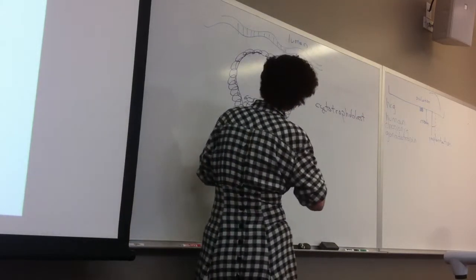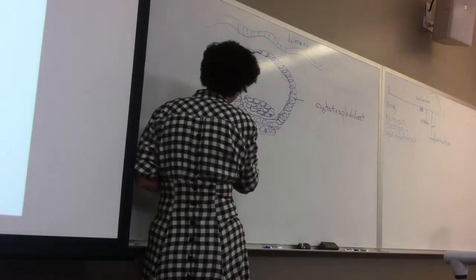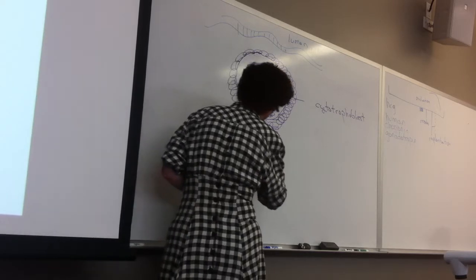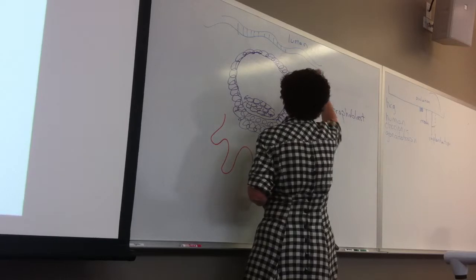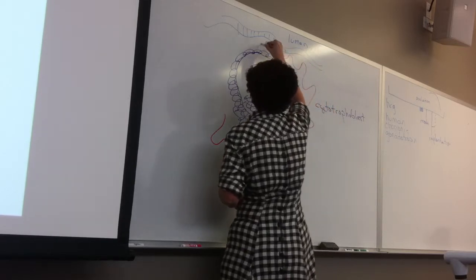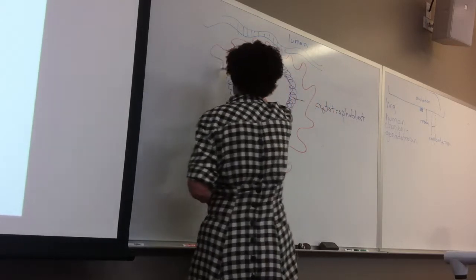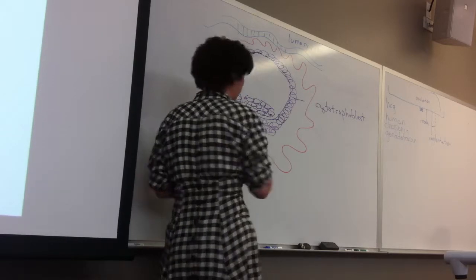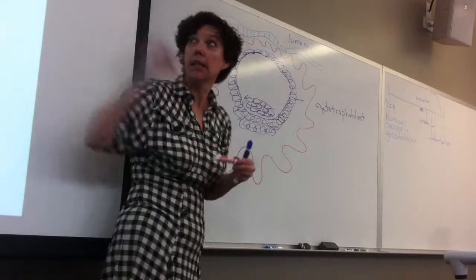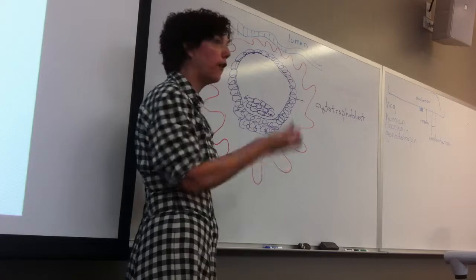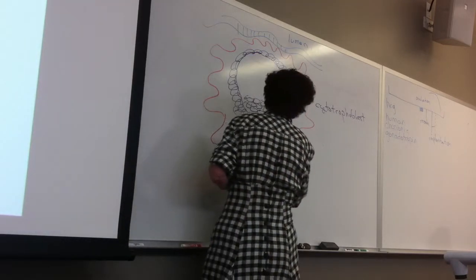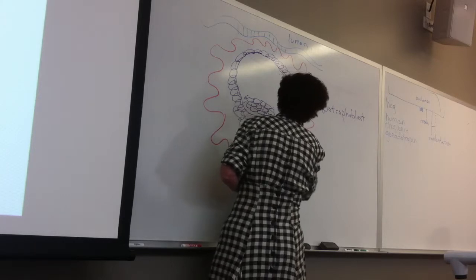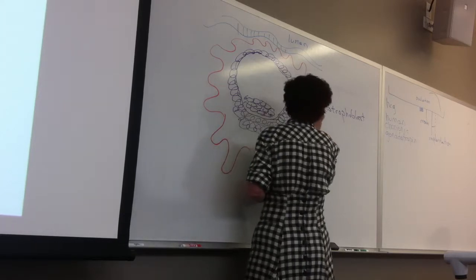The syncytium continues to form all the way around. What did you call it? Syncytium, the syncytial trophoblast, all the way around our embedding structure here. The trophoblast now will send cores of cytotrophoblast into each of these finger-like branches.